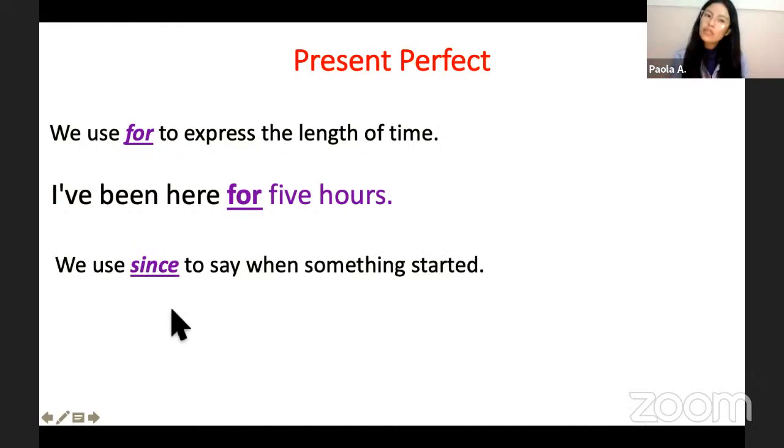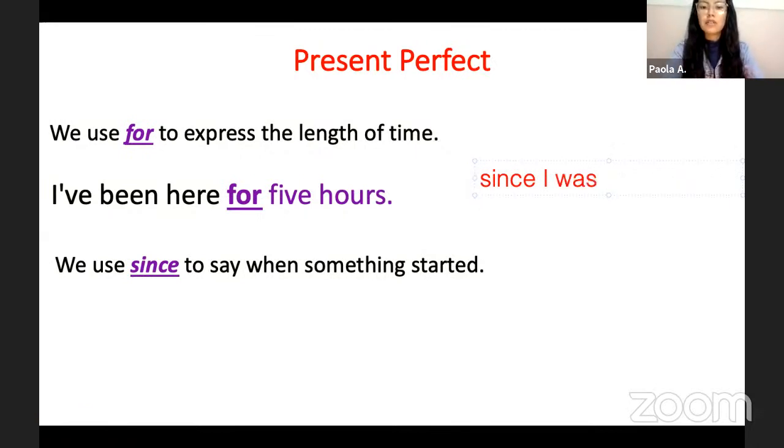Another use, these are usually called time expressions. Another word that we can use such as for, it's since. We use since to say when something started. No, when something has started, we say since. That's why many times in examples we say since, and we think about a period of time in the past, no?